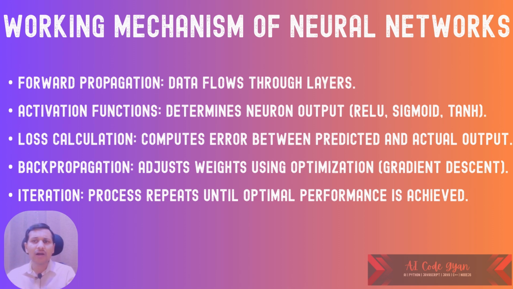When we talk about iteration, this involves multiple iterations, and the process repeats until optimal performance is achieved. Neural networks might take a day, a month, or multiple months to get trained, but this is an effective process, and it makes sure that the model is in place and we have a lot of functionalities of neural networks.